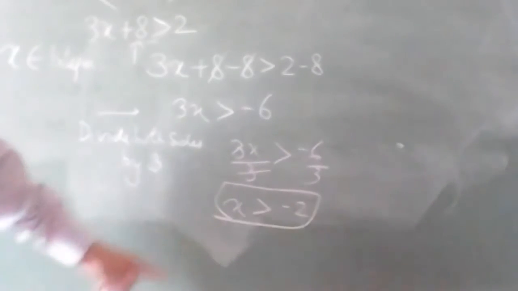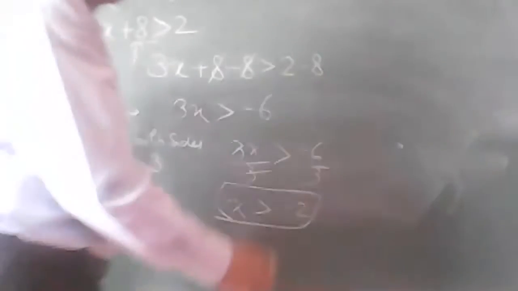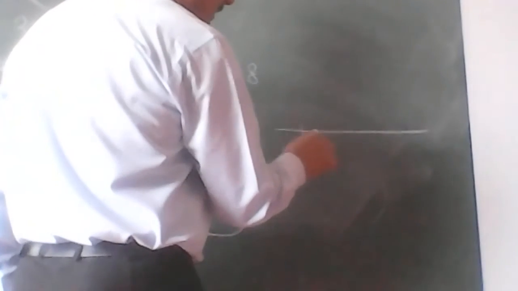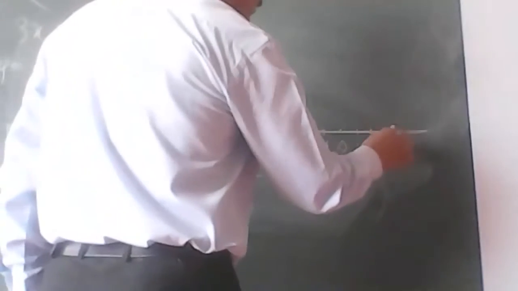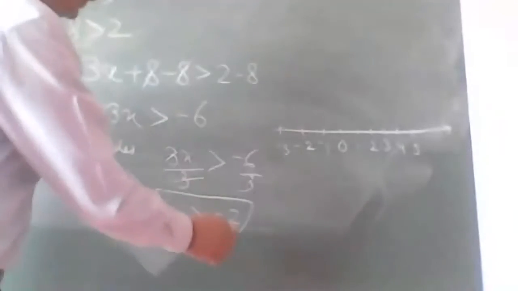Now, x greater than minus 2 and x belongs to an integer. How would you show it on a number line? The number line would look like something like this. Minus 2, greater than -2.